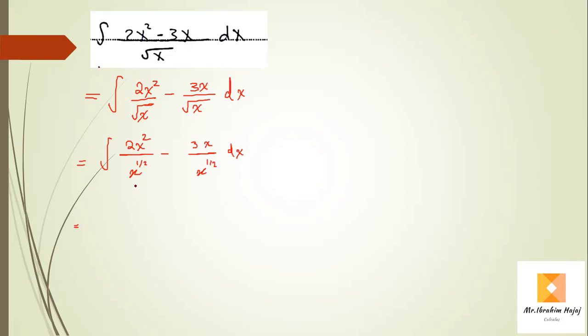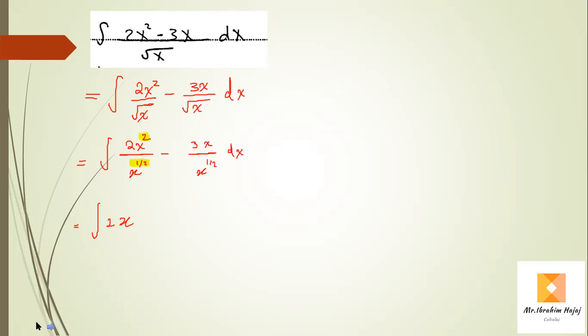Subtract the exponents while dividing, using the properties of exponents. So when we subtract here, it's 1.5, which is 3 over 2. Take care here. We have x squared, up here we have 2, and down we have half.